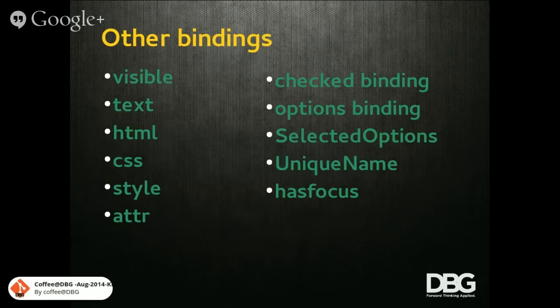CSS binding is like a conditional binding, whether we can add or remove a particular class by condition, and style binding is also a conditional binding, whether we can add or remove a particular style property on the UI element.